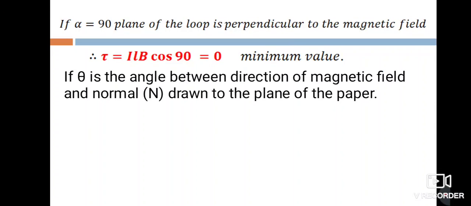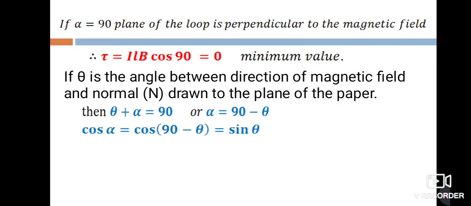And if theta is the angle between the direction of the magnetic field and the normal drawn to the plane of the loop, you can observe this also in the diagram, the theta. If theta is the angle between the direction of the magnetic field and the normal drawn to the plane, then we can say theta plus alpha is equal to 90 degrees, or alpha is equal to 90 minus theta.